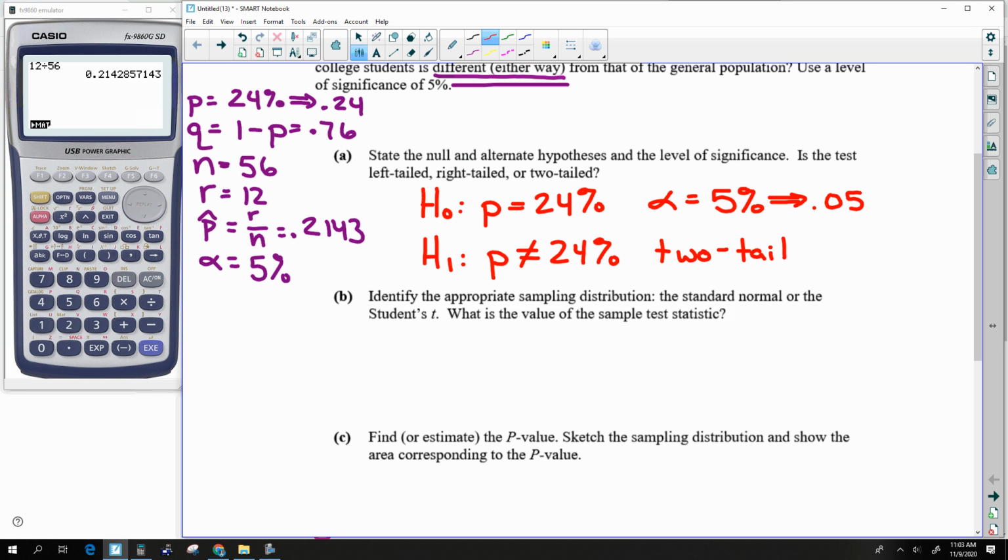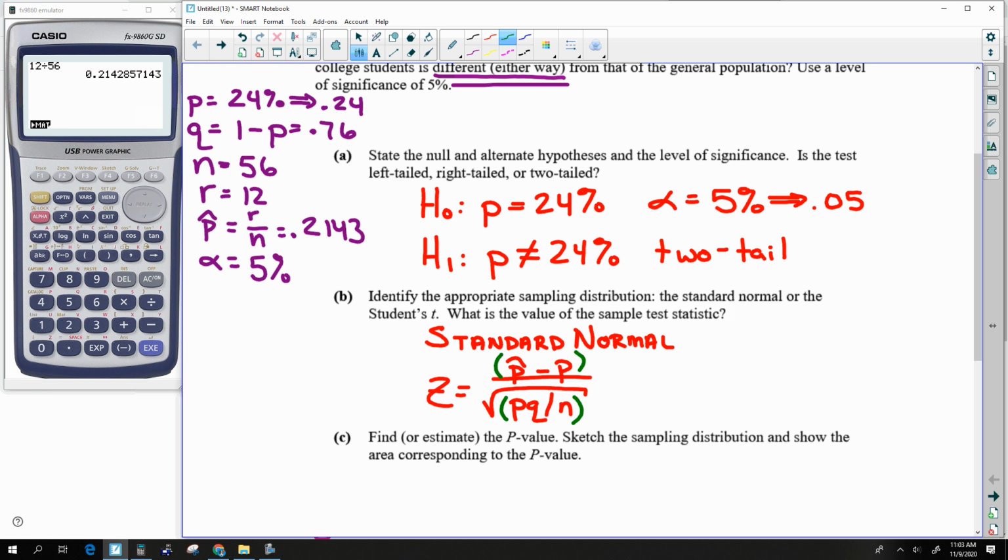Because we're dealing with probabilities, this is going to be a z-score, which is a standard normal. Z equals p hat minus p divided by the square root of pq divided by n. It's best to have parentheses around the numerator and on the inside of that denominator.